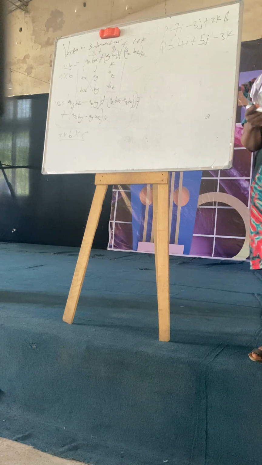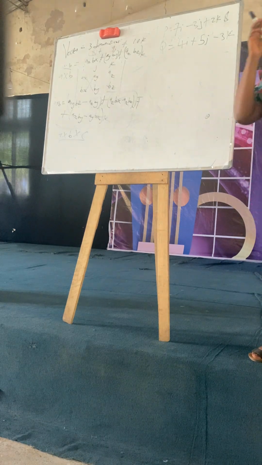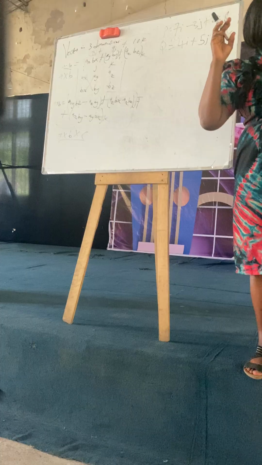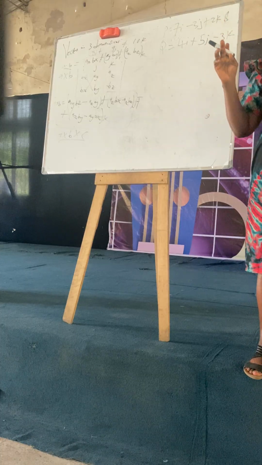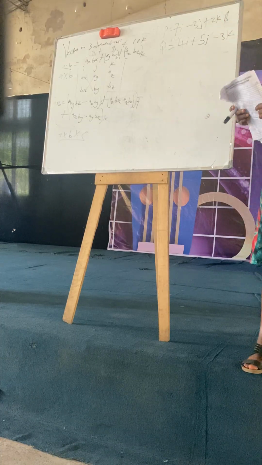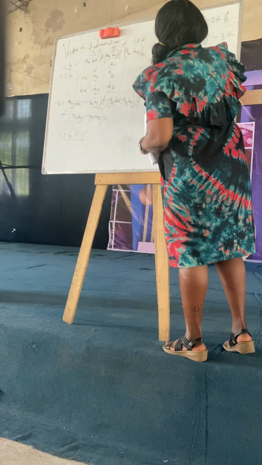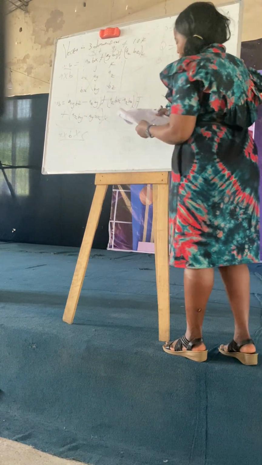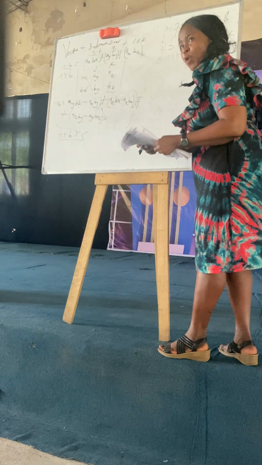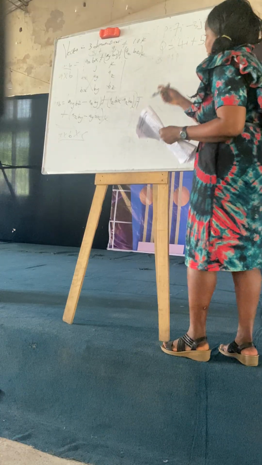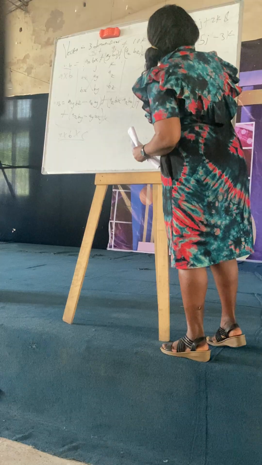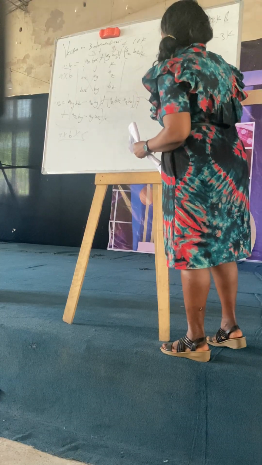Then in that question they said, calculate: A, the resultant of P and Q. B, the scalar product. The scalar product is P dot Q, do you remember?